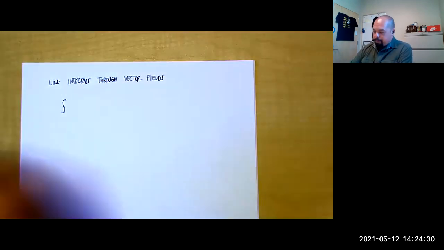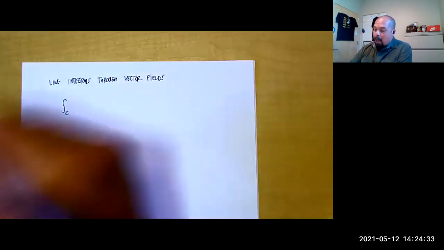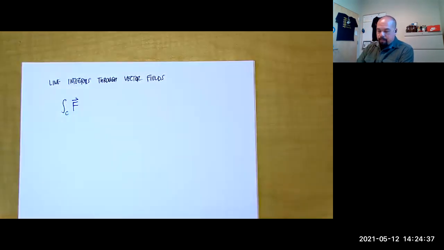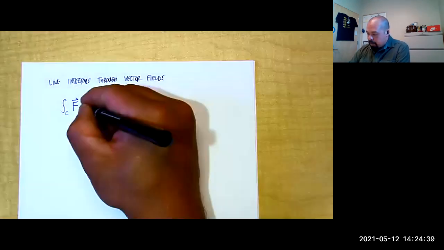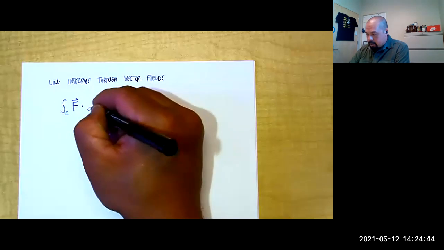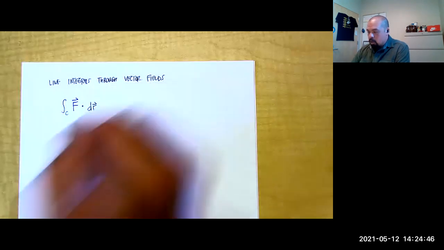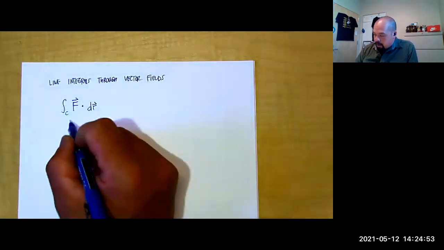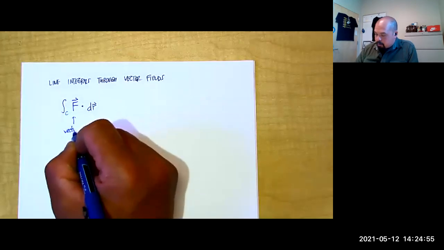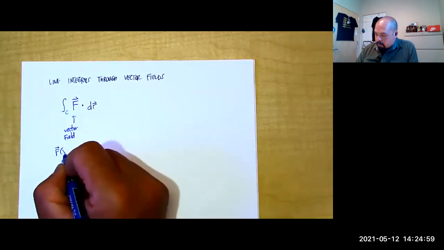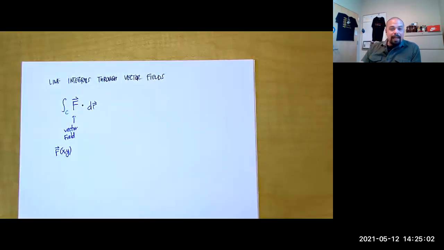or integrating along some path, but now we're going to have some vector field function dotted with this dr. Okay, so again, this is going to be vector field F of x y or x y z.